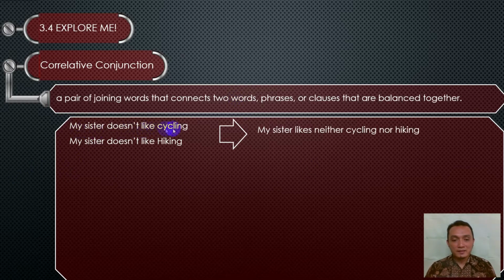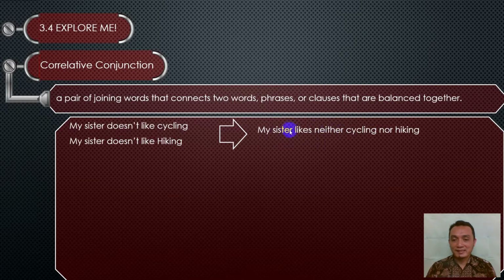In these two sentences, both are negative sentences using doesn't like. So if you combine two negative sentences, you may use neither ... nor. The sentence looks like a positive sentence, but it actually has a negative meaning because neither means not either.